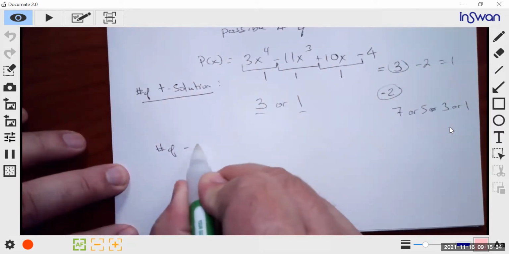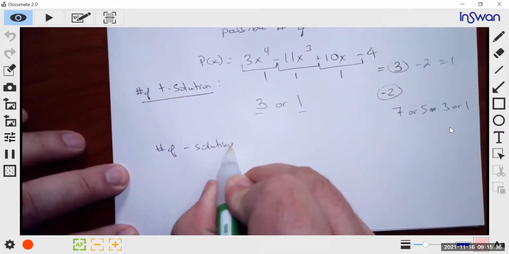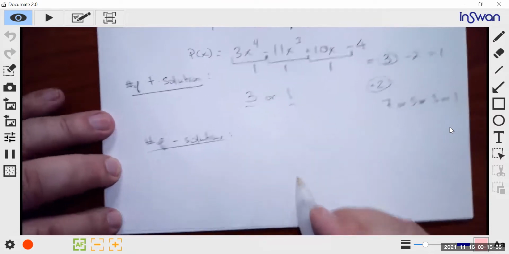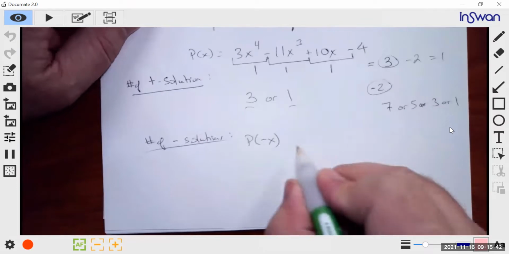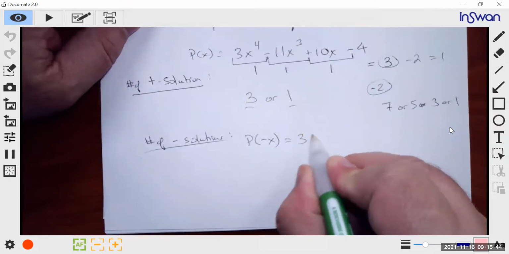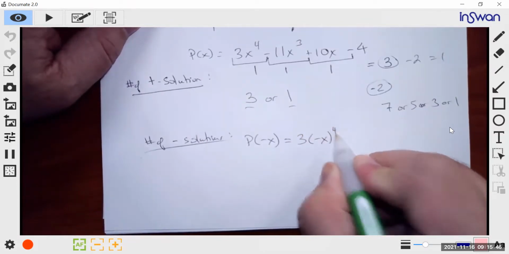Number of negative solutions. Here, I got to put a negative x in there.